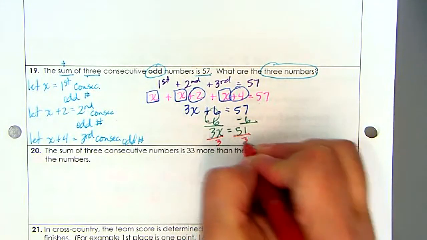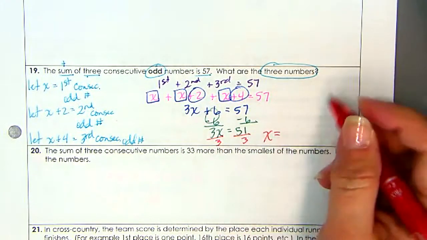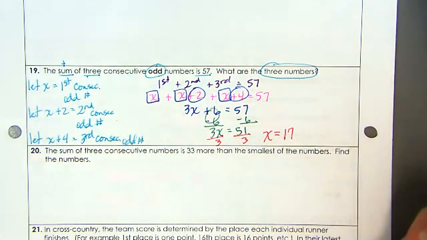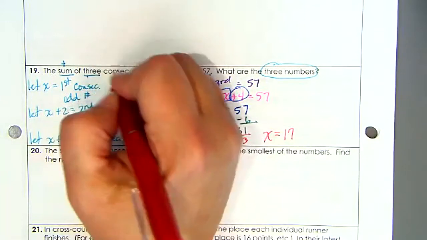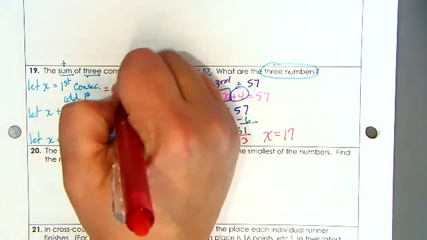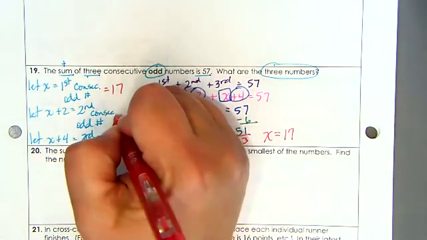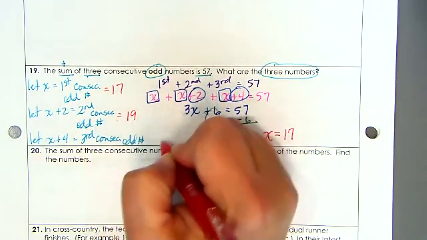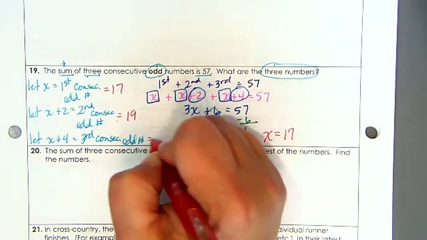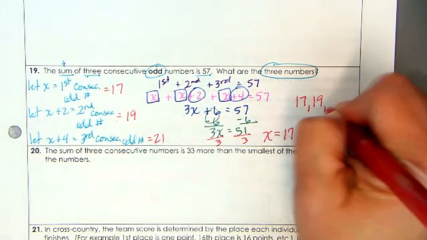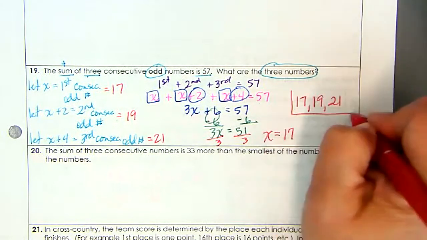Divide by 3, and x equals 17. So that's the first one. The first number is 17. It's 3 consecutive odd numbers, so I should know that this should go 17, 19, 21. So my answer is 17, 19, 21.